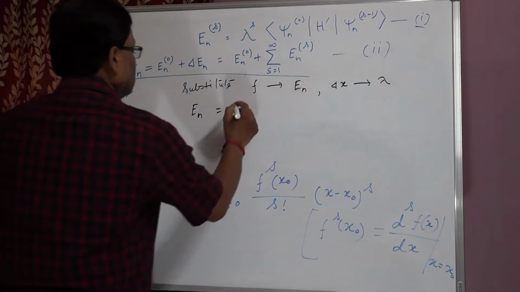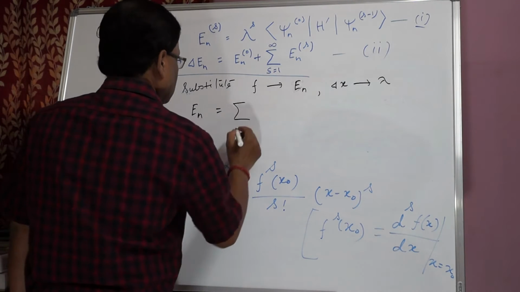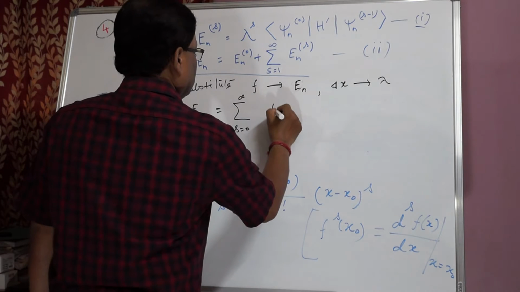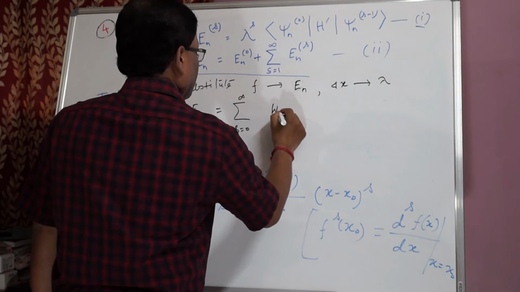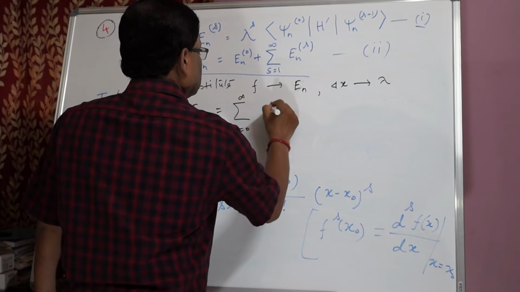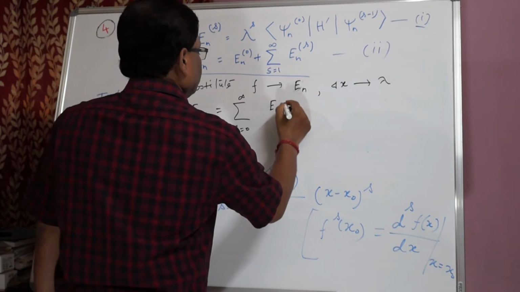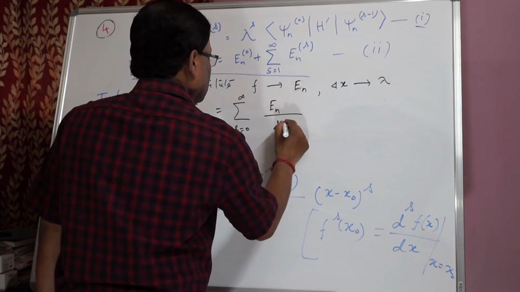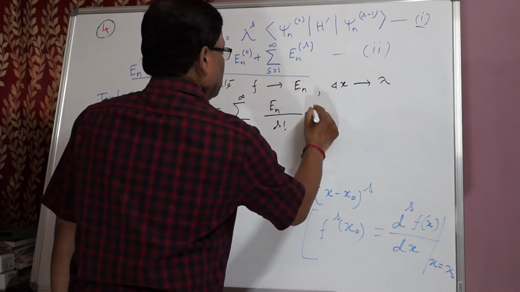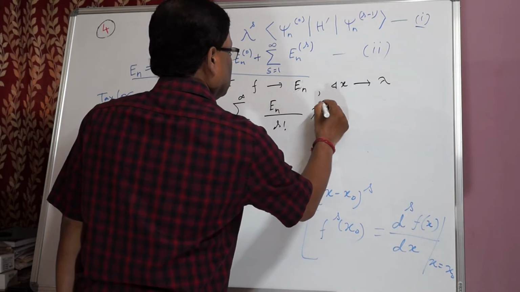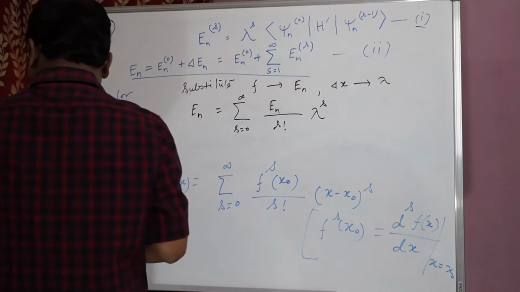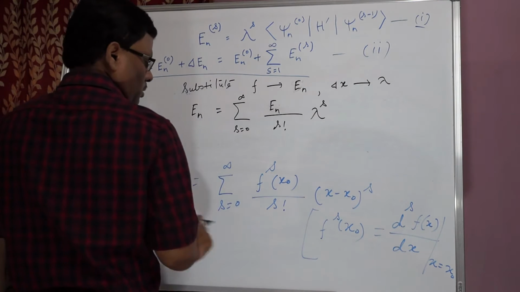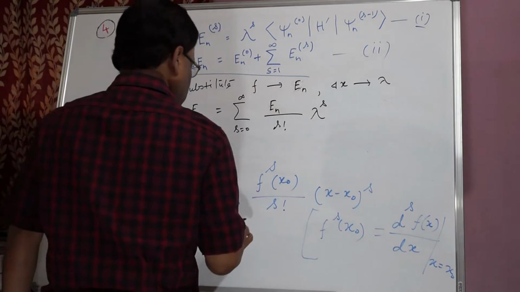So I can write here, s equal to 0 to infinity, the s-th derivative of En by s factorial, lambda to the power s. Okay, so I substitute this.